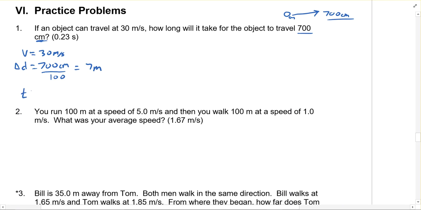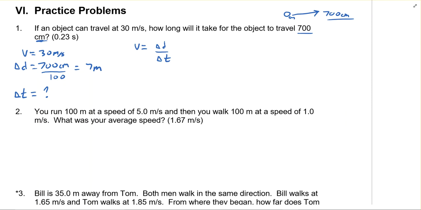Now that I'm in meters, now I can just use my formula. And time was the one I was looking for, and technically that's change in time. So I'm going to start off by saying V is equal to change in distance over change in time. Now time is the thing I'm looking for, right? So what I'm going to do is rearrange this formula.